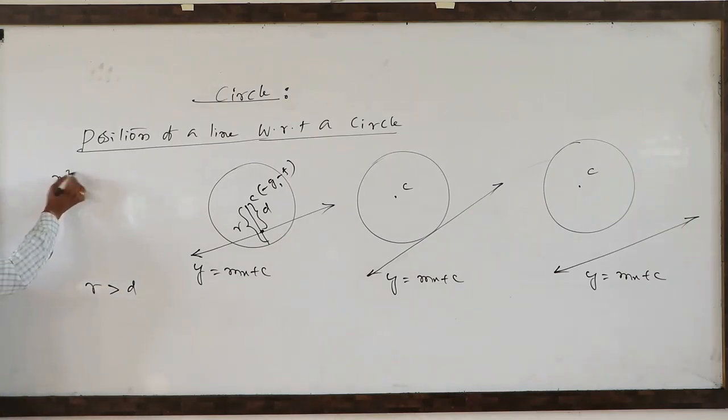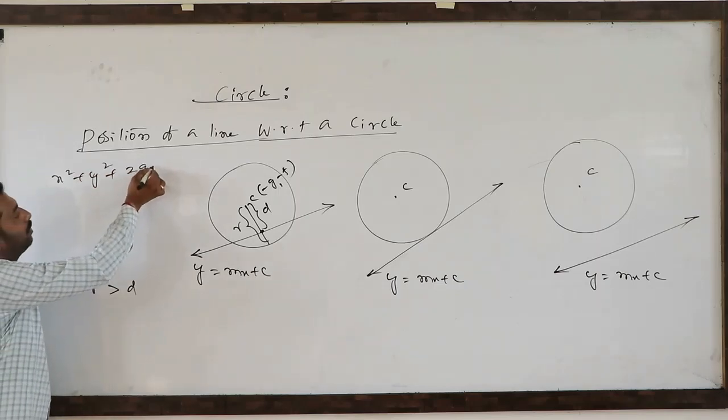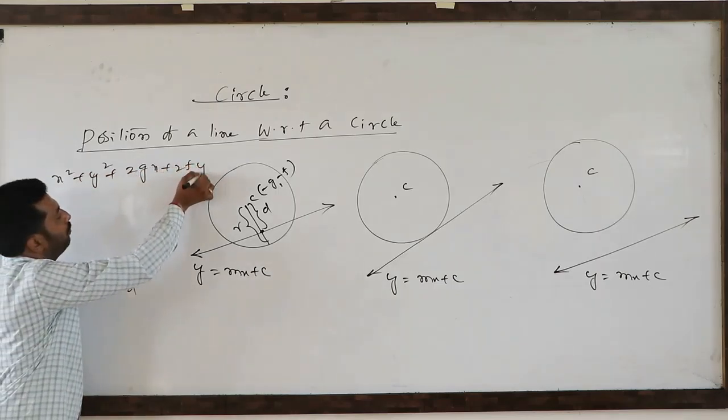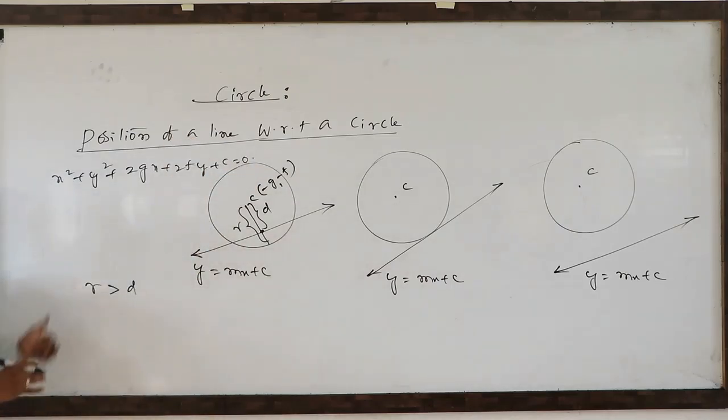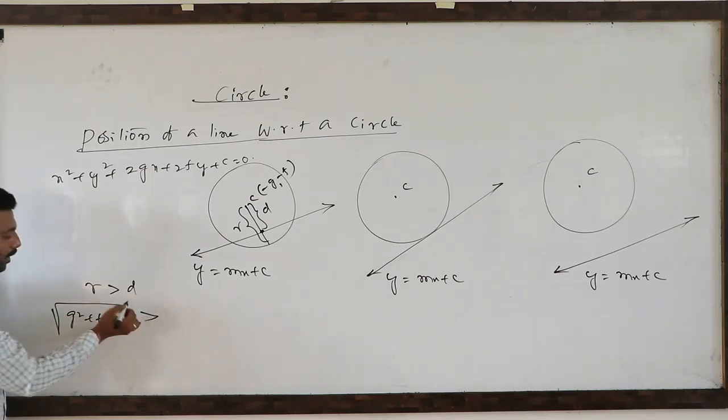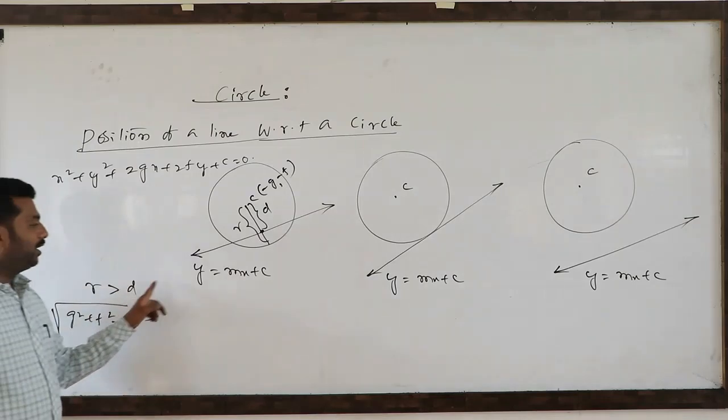Given circle is, we are assuming, x square plus y square plus 2gx plus 2fy plus c equal to 0. So the radius is root of g square plus f square minus c, greater than the perpendicular distance.